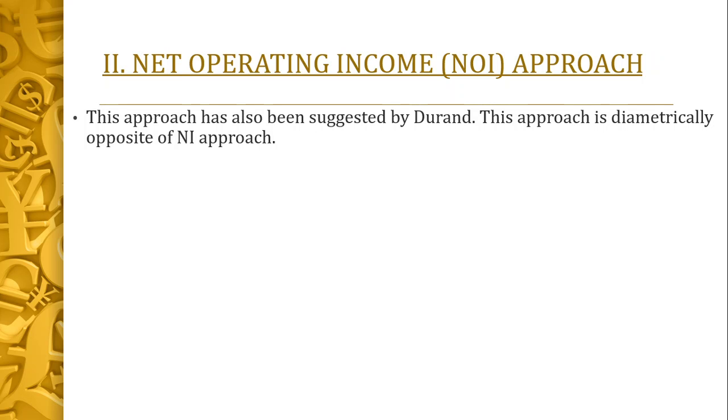The net income approach tells that capital structure decisions are relevant for valuation of the firm. It simply means the decisions regarding capital structure that you take are important when you value the firm. So if that is what the NI approach tells, the NOI approach, or net operating income approach, should be telling exactly the opposite.